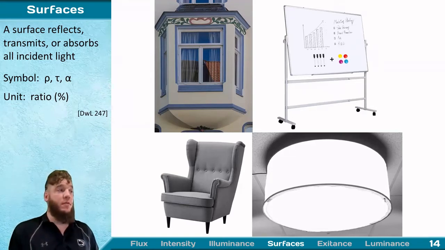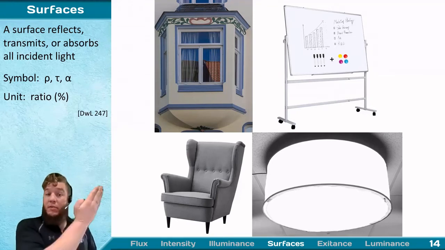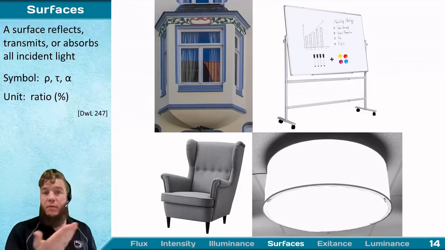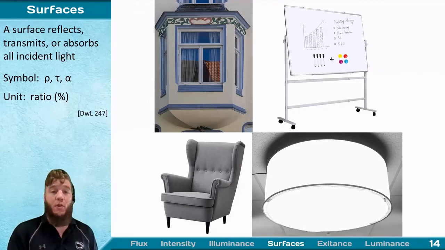Working through these surfaces, we'll start with the window. You can see right away that's a specular surface. It's definitely specular because you can see the image in it, and that's a direct reflection of what looks to be the rooftop across the street from that window.